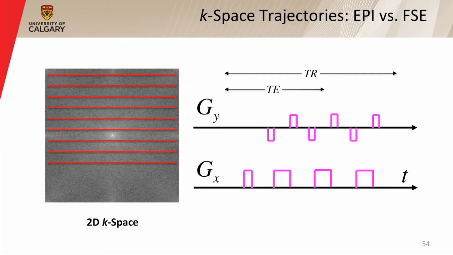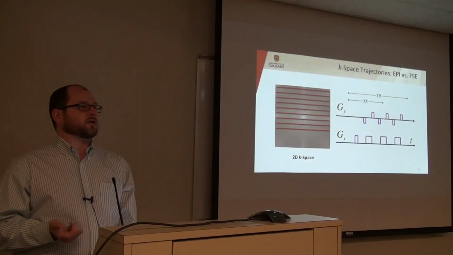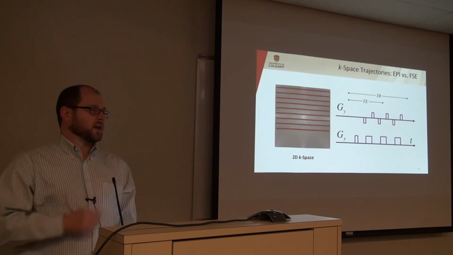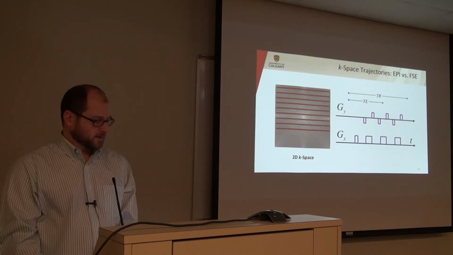And basically what we're going to do is build up the same k-space, except that we're not zigzagging back and forth while we're actually doing the acquisition. The 180-degree pulses that we're applying in between are moving us back to the left-hand side of our k-space here.